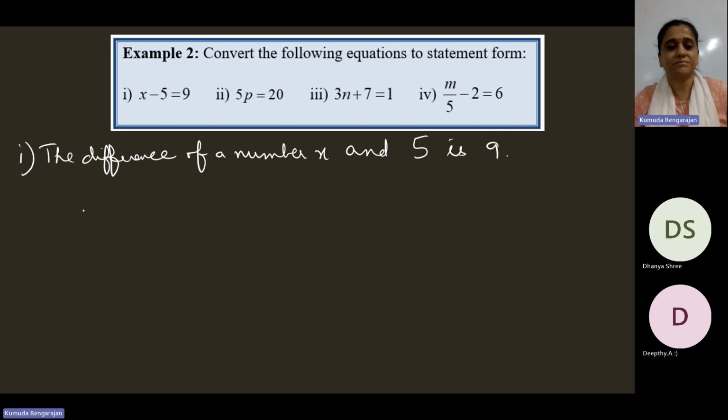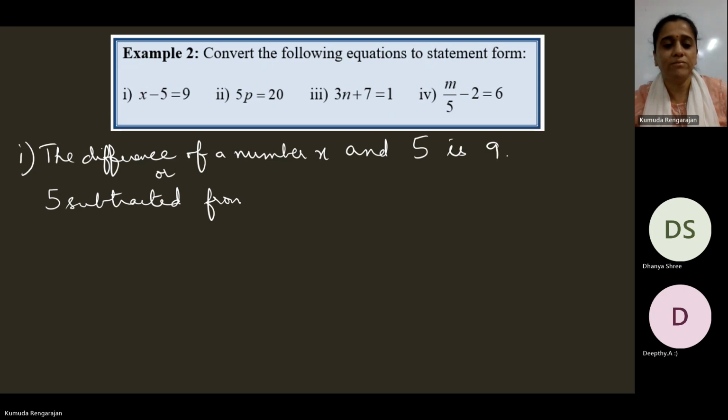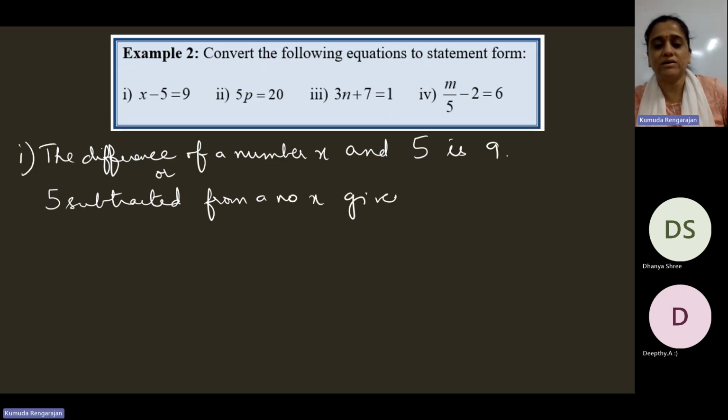So 5 subtracted from a number x gives 9. Very good, Dania.